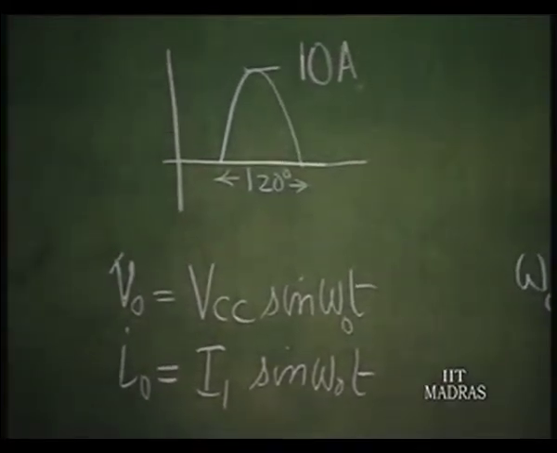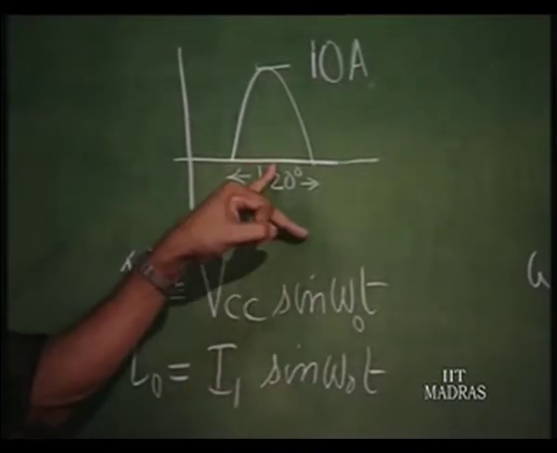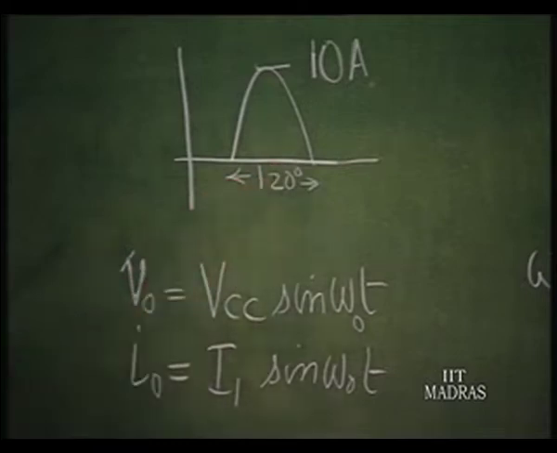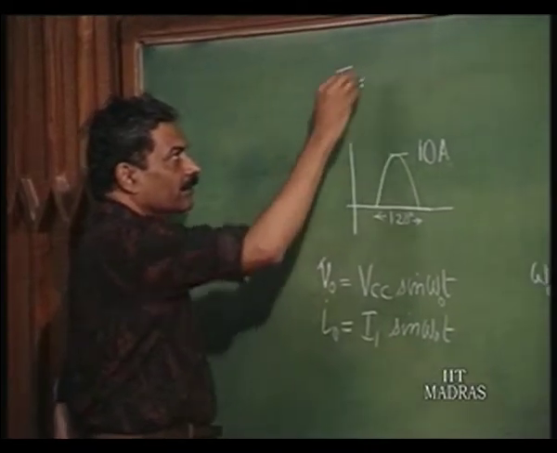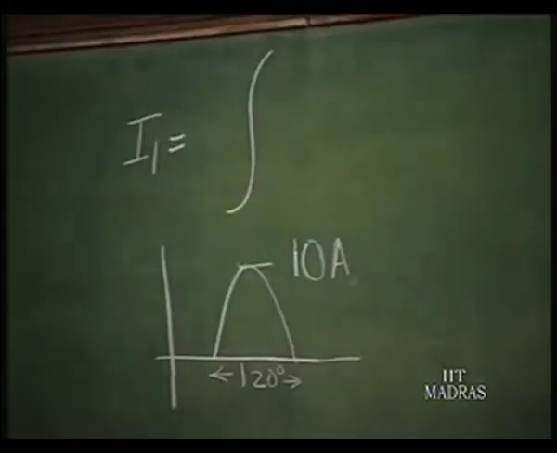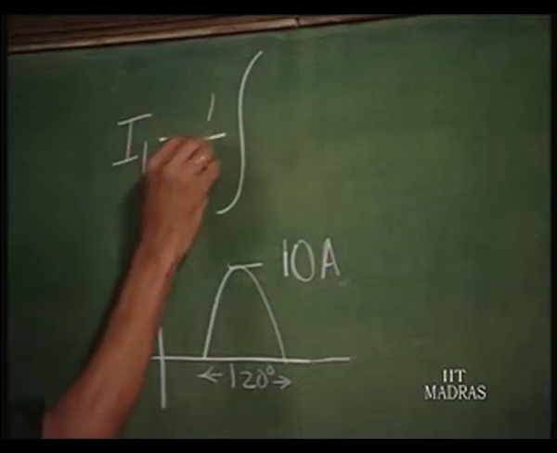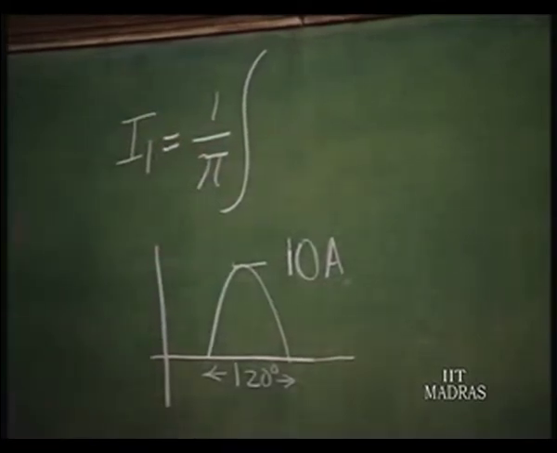So, if this is the case, we have to find out what I1 is for this waveform. That can be found out by I1 is equal to 1 over pi, or 2 over T, from minus pi to pi if the waveform exists throughout.